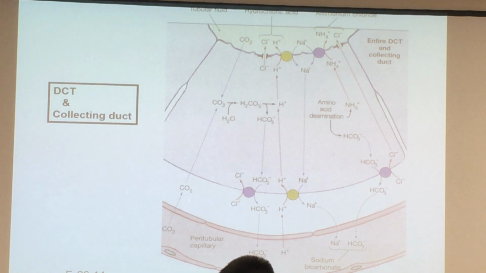I'm not asking you to know that detailed procedure, but I just wanted you to know that when things get removed from the blood to the tubule, that's secretion. When you take it back, this sodium goes back to the endothelial cell and then is sent to the blood vessel, and that's reabsorption.